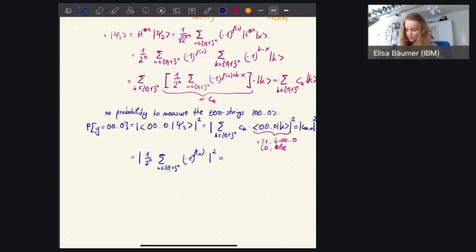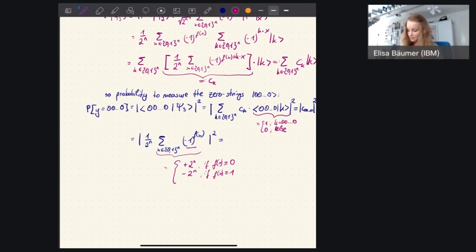And okay, now we have 3 different cases. We have the case where f of x is constantly 0. In that case, this term here is always plus 1, so we just get plus 2 to the power n. Then we have the other case where f of x is constantly 1. In this case, we always get minus 1, so we just get minus 2 to the power n.